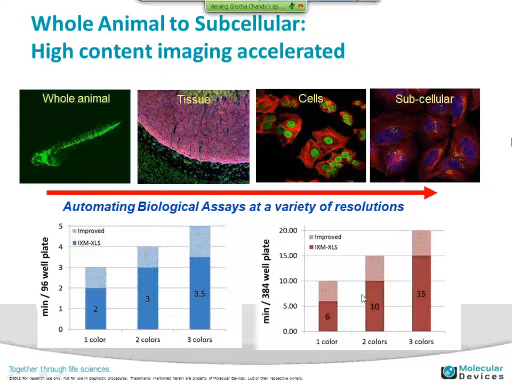That 50,000 wells a day comes from extrapolating out a 2-color assay that would have taken 15 minutes previously and will now take 10 minutes. And actually, in the hands of some of our beta customers, they're beating that speed with a 2-color assay. But in our hands, a 2-color assay is taking 10 minutes. A 2-color 96-well plate will take 3 minutes, at least in our hands.